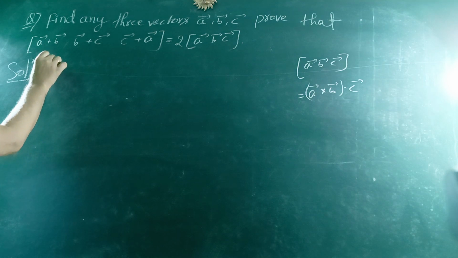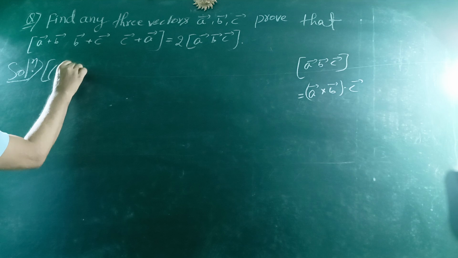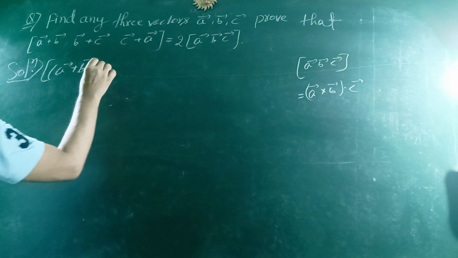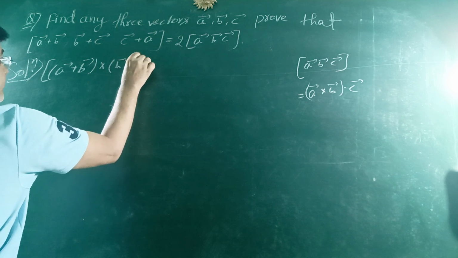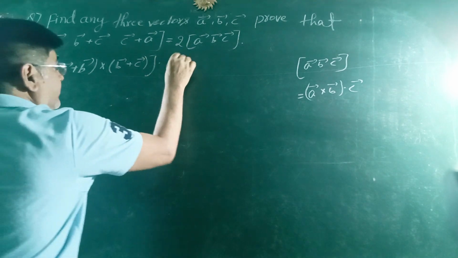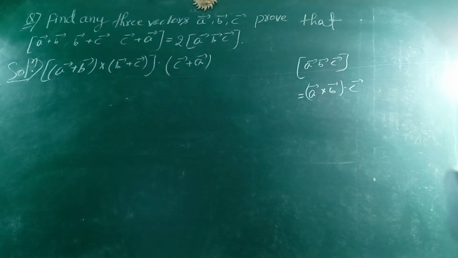So it is written in the form of A vector plus B vector cross B vector plus C vector dot C vector plus A vector.